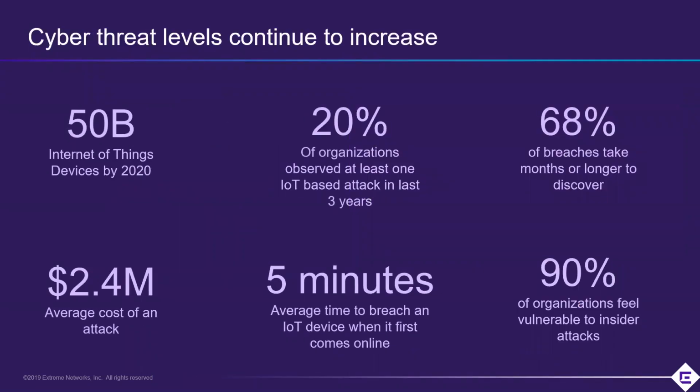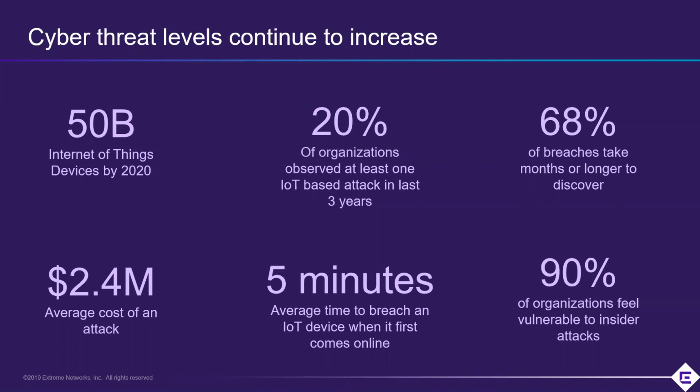Cyber threat levels continue to increase. And I just want to take a couple notes on these slides. First of all, the number of the IoT devices. That's pretty staggering. Also, moving over to the center of the slide, 20% of organizations have observed at least one IoT-based attack in the last 3 years.